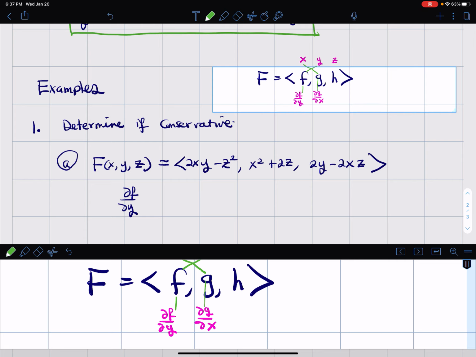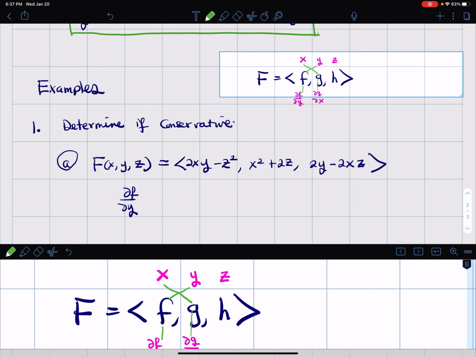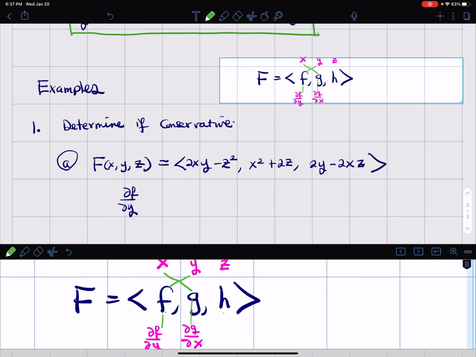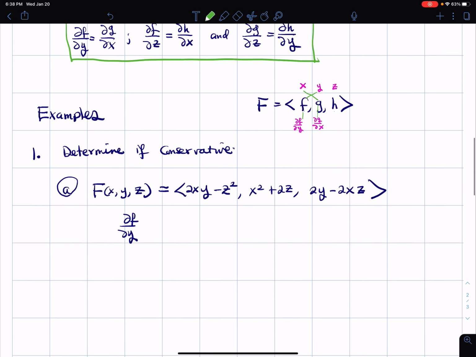And then you do the same thing with f and h. You switch f's corresponding variable with that of h. So you also do df/dz, is it equal to dh/dx, and so forth.